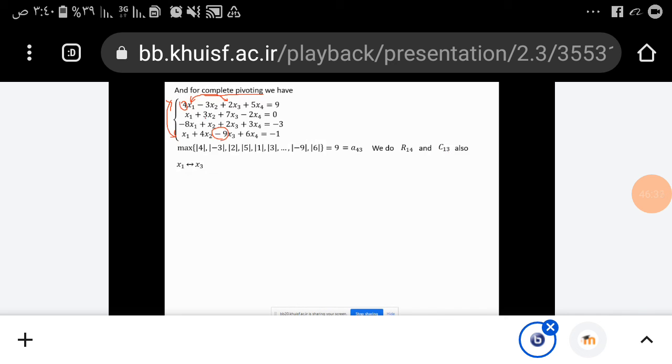So if this column is changed with this column, we have to change x1 with x3.